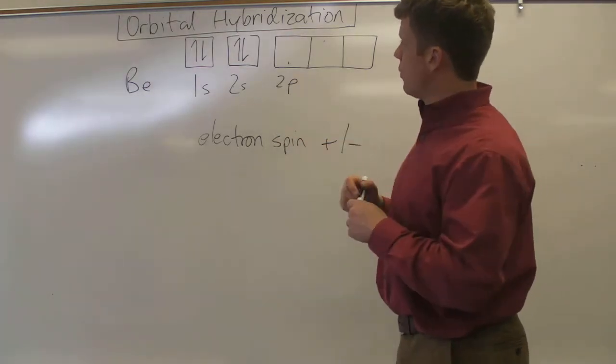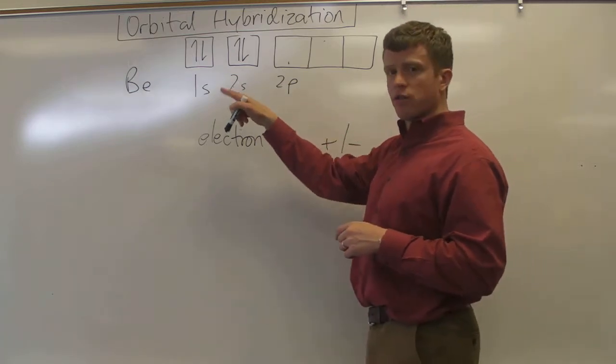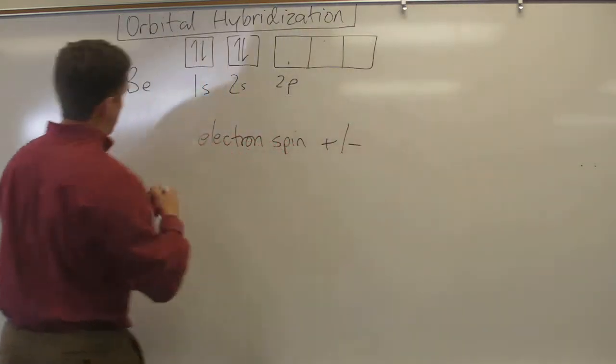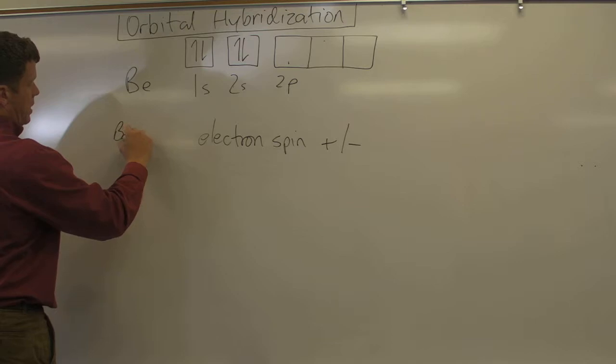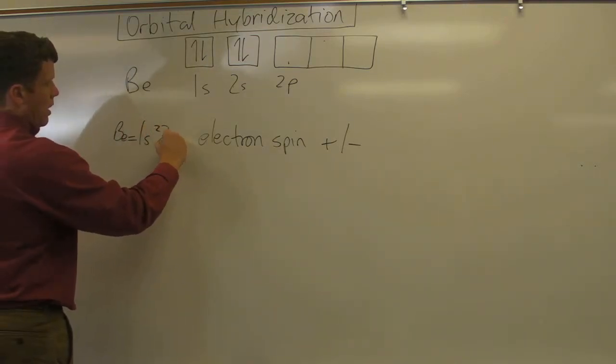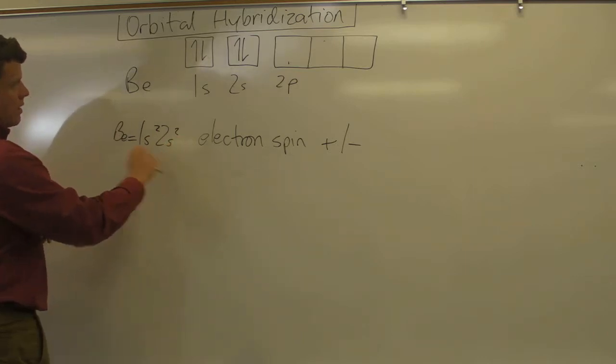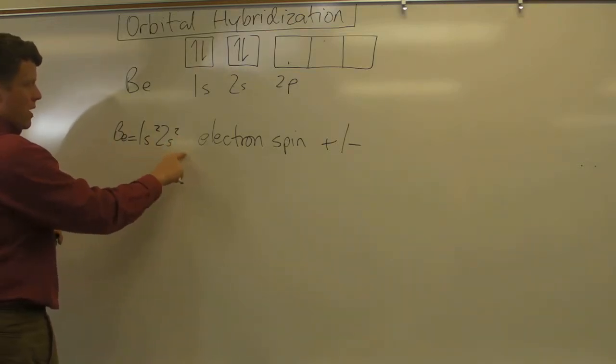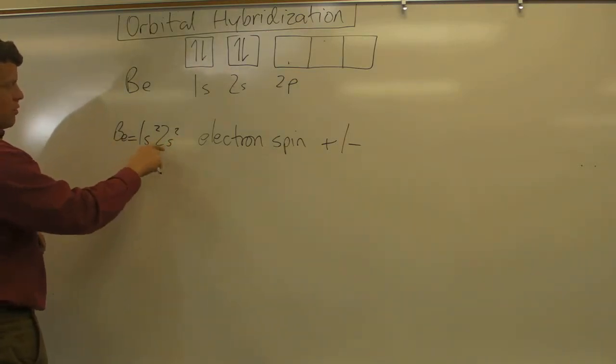We actually showed the electron configuration of something like beryllium like this. So Be equals 2 electrons in the first energy level and then 2 electrons in the second. So the way that we'd write out the electrons would be 1s2, 2s2.